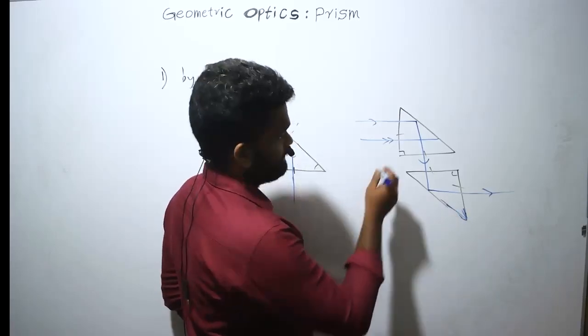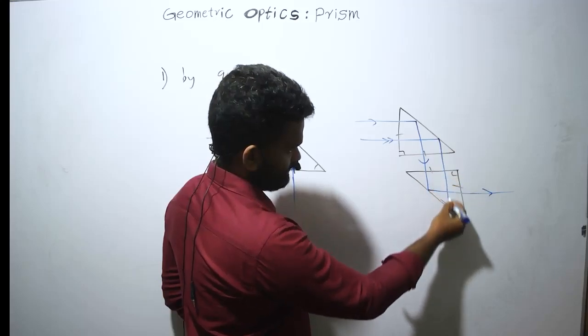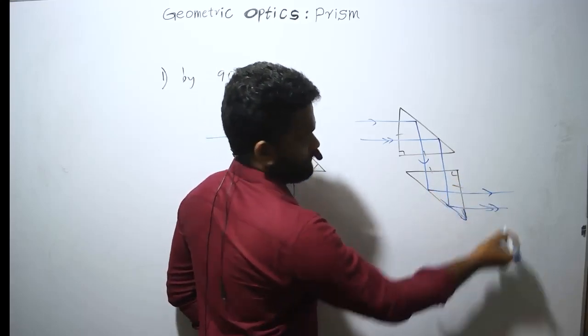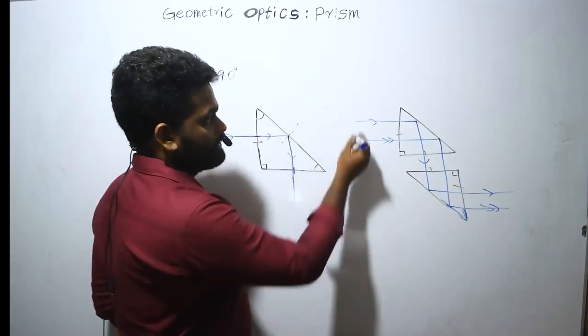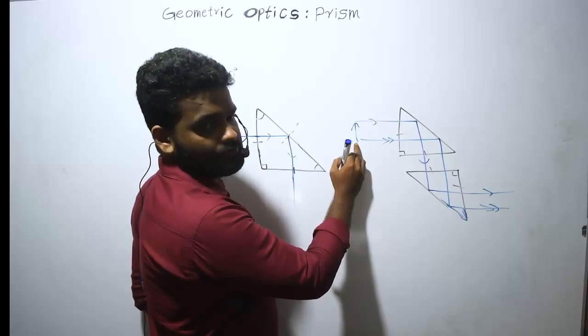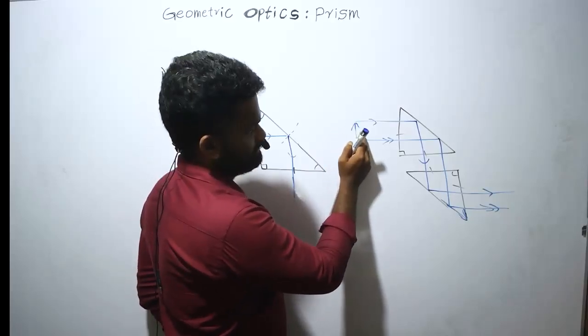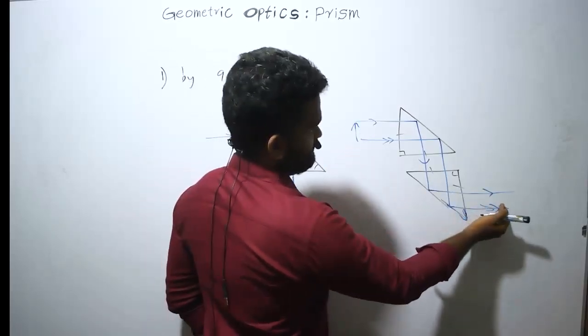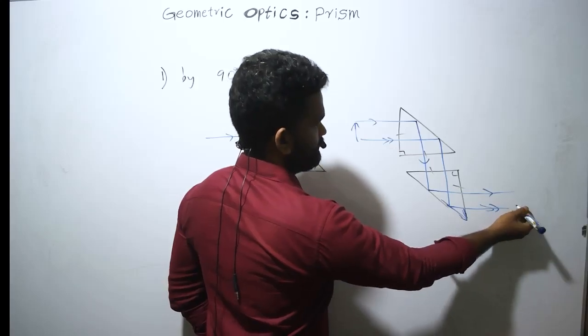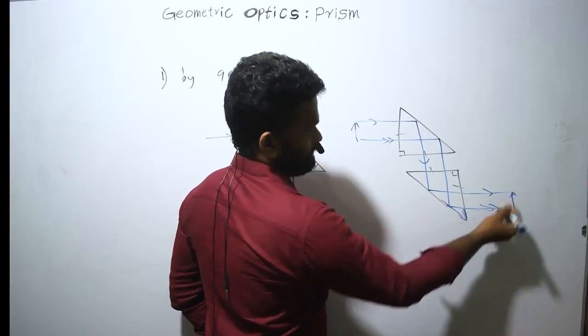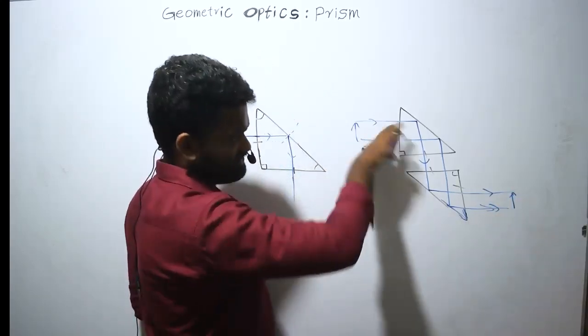Then another ray goes like this. So if you get these two rays from an image like this, the image you will see here will be upright. It is not inverted.